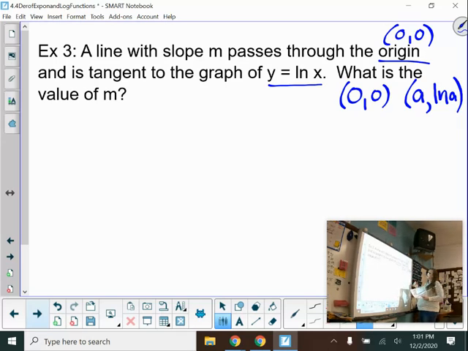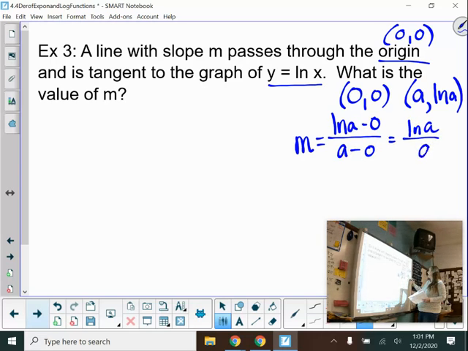Now, using this information, how do we find the slope? Well, that's y2 minus y1 over x2 minus x1. So that's natural log a minus 0 over a minus 0, which is natural log a over a. The other way that we have to find slope is to actually go through and take the derivative.